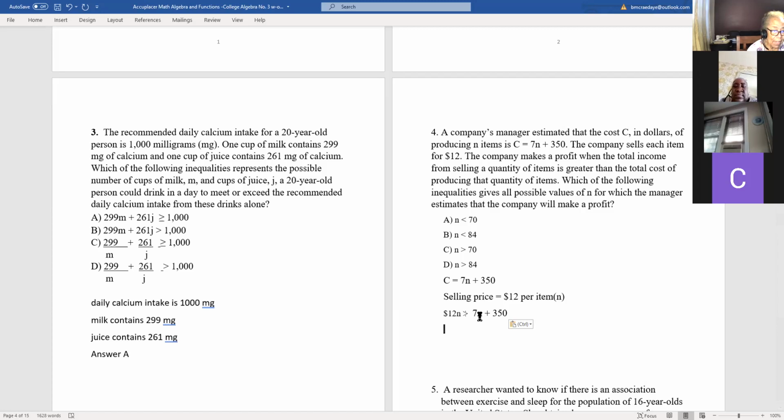How would you solve that? Yeah, you've got to solve this inequality. $12 is what he's selling it for. To make a profit, that $12 times N must be greater than 7N plus 350.